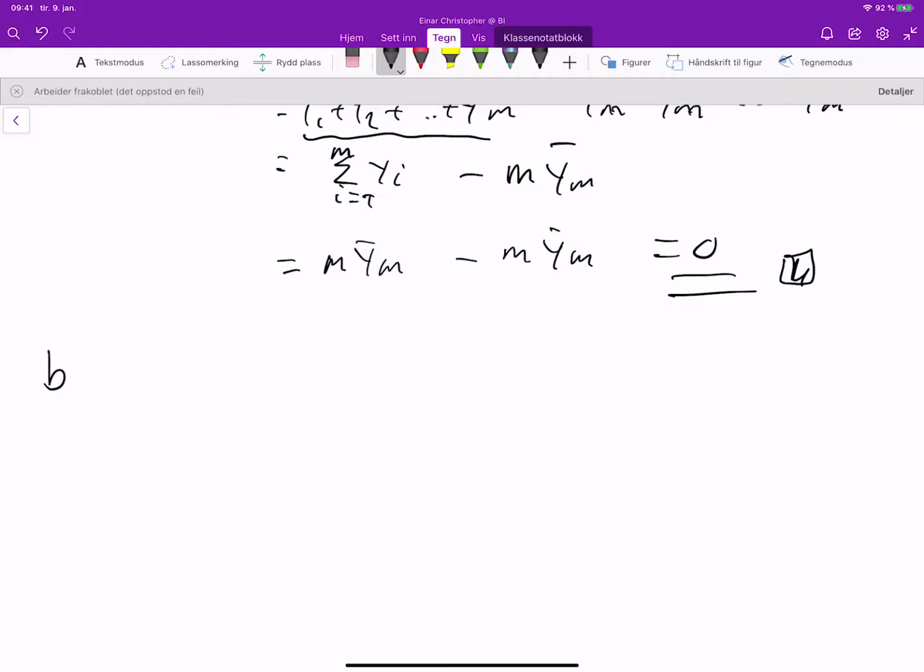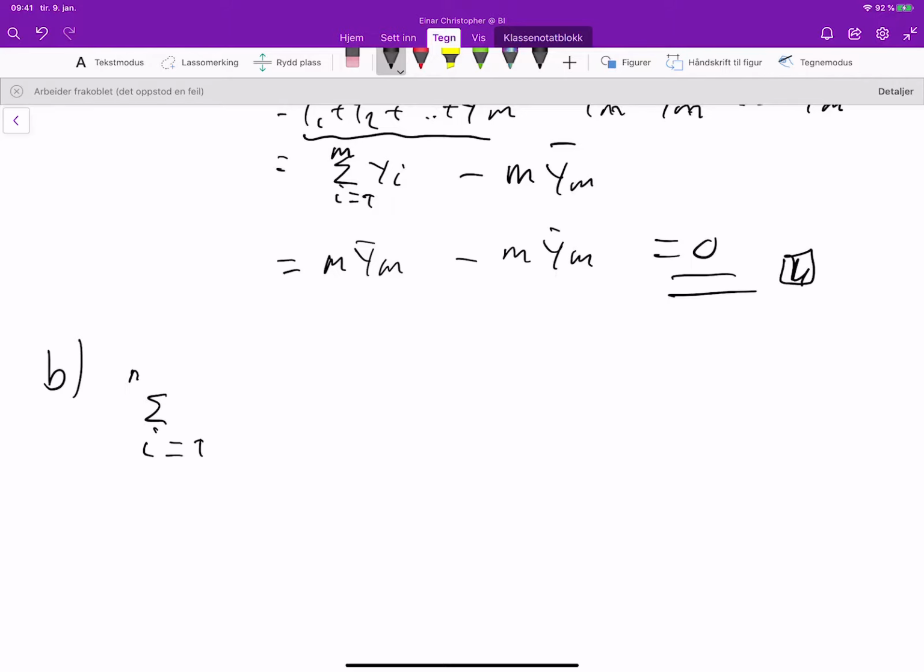So here we are going to sum over i equal 1 to m plus n. There is some notational wrongness in the homework you have been given, I can see.